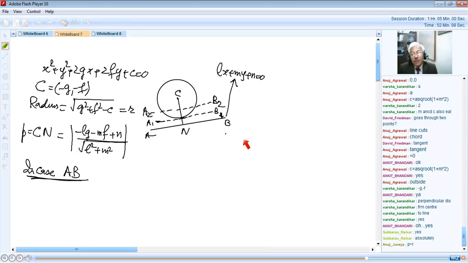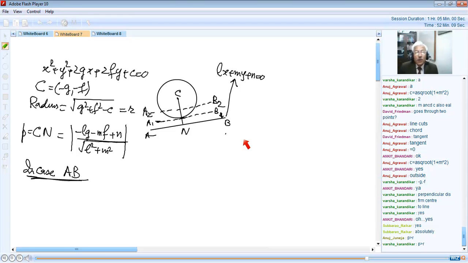Very good, P is greater than R. When P is greater than R, which we can very easily find out, we can conclude that the line does not intersect the circle.